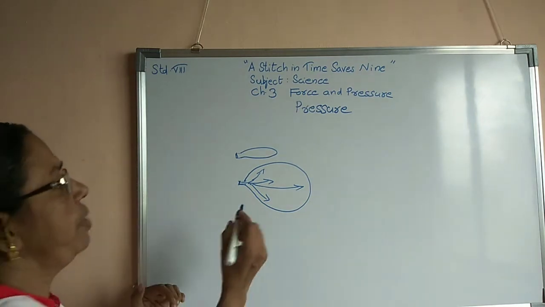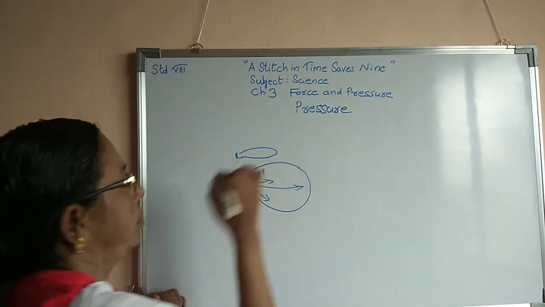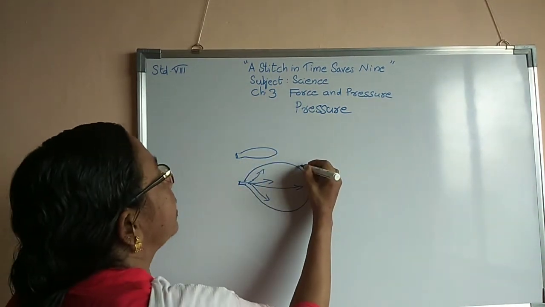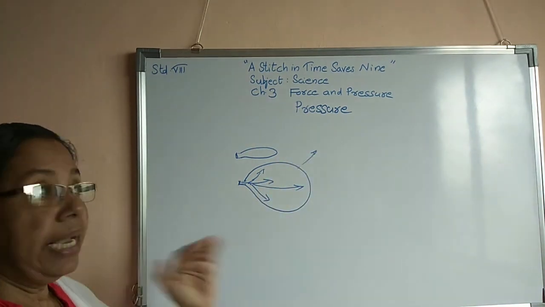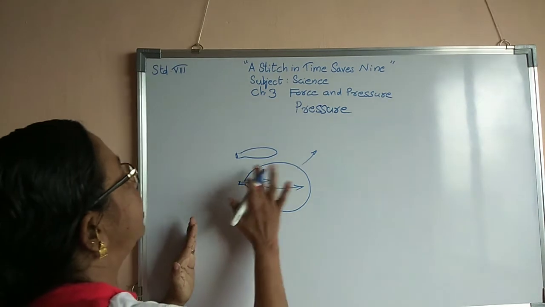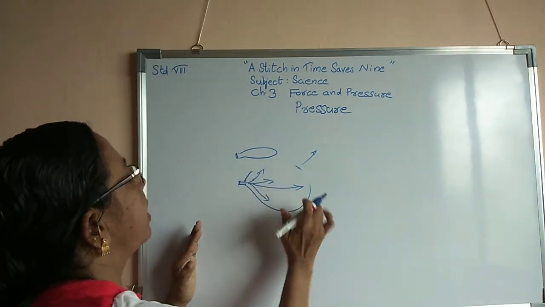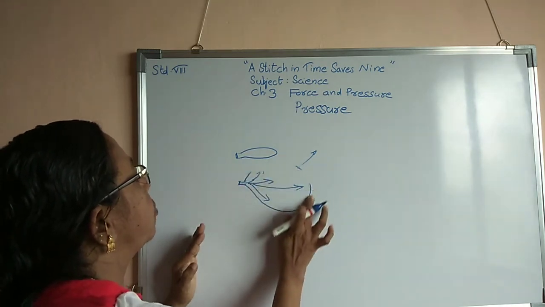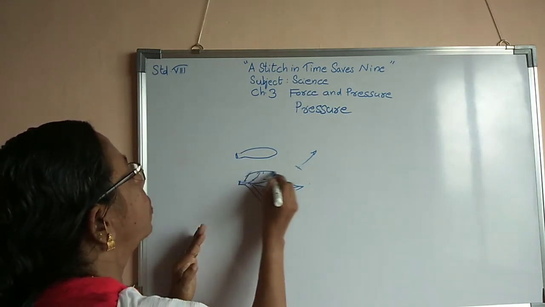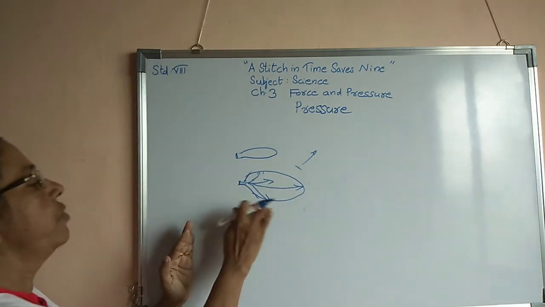But when we make a small hole in this balloon, you can find that air will go out through this hole. As a result, slowly the balloon will deflate. That means its size becomes smaller and smaller, until all the air goes out and it becomes a small balloon.